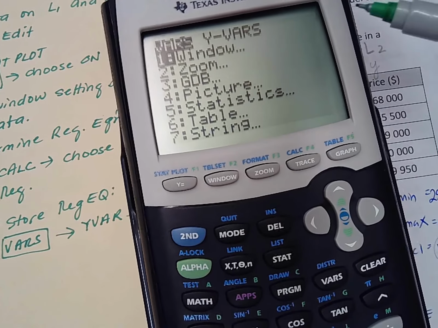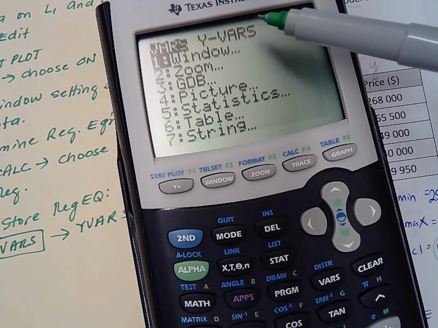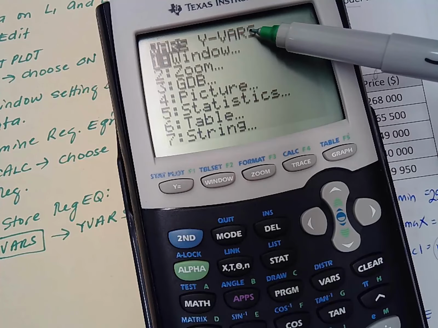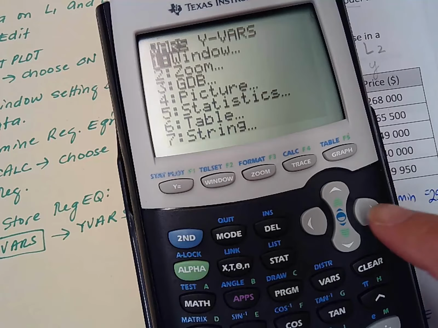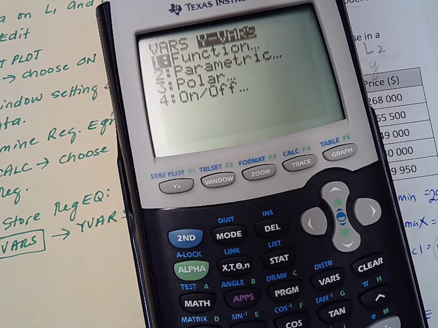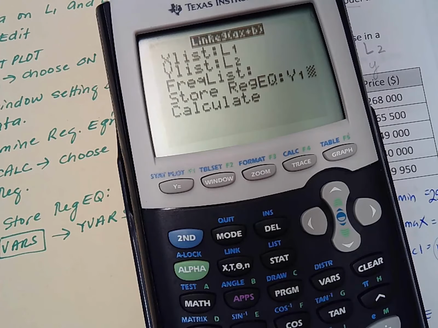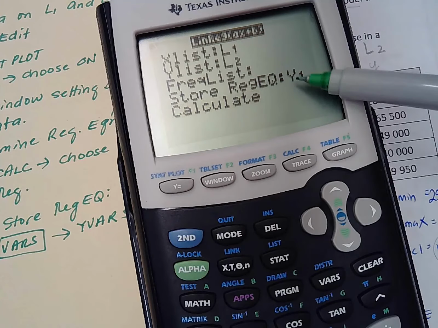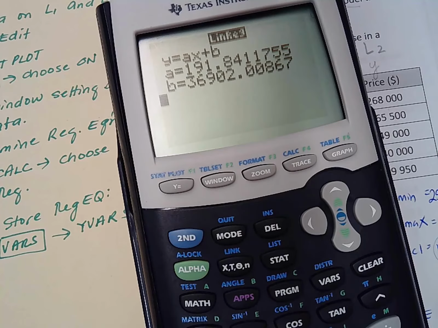So where are the yvars? How do I get to yvars? Hit the right arrow. And then function, like 3 times. 1, 2, 3. It places there, and then the 4th one will calculate it for you.